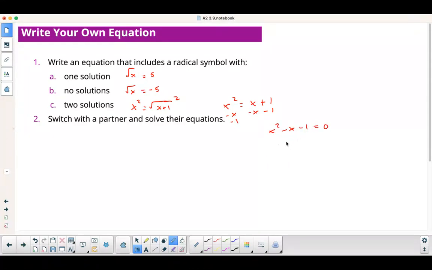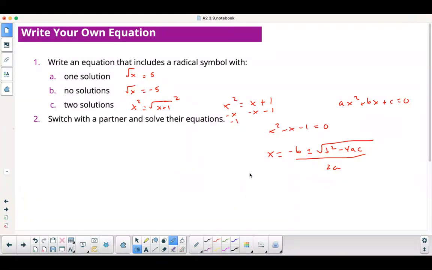And then if you do the quadratic formula, remember the quadratic formula. If you forgot it, here it is. Remember, a is in front of x squared, b is in front of x, c is by itself, it's a constant.